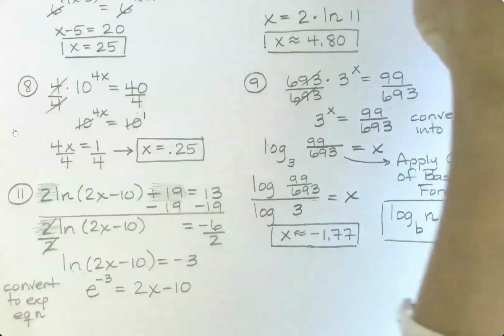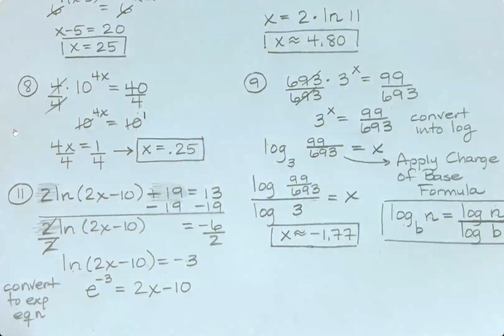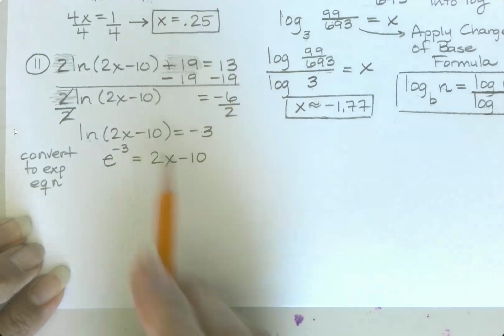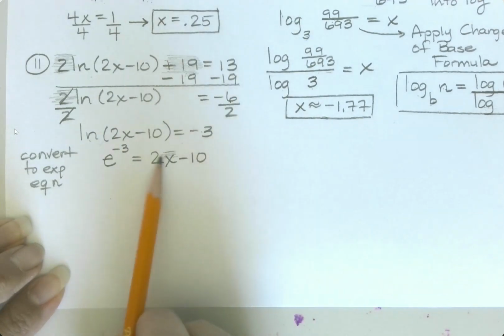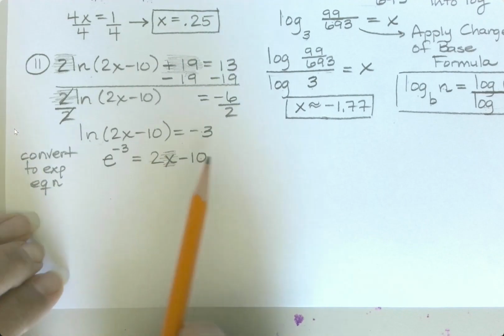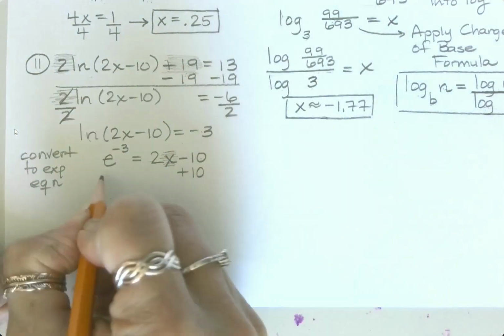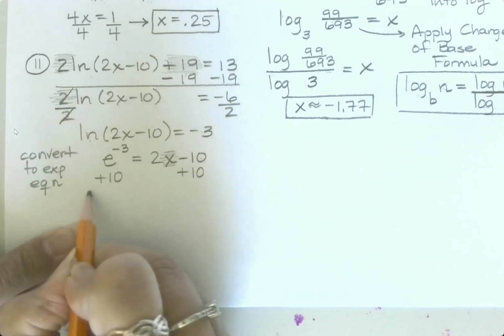I am solving for x. So what do I need to do? I need to get x all by itself. So between 2 and negative 10, what needs to go first? I need to add 10 on both sides first.